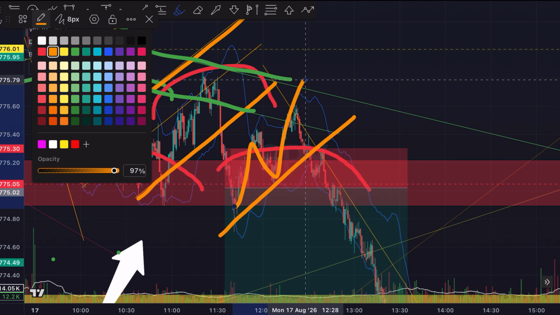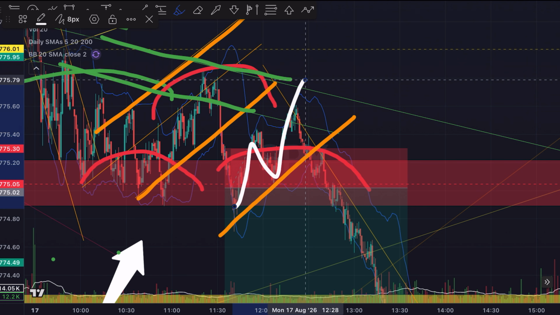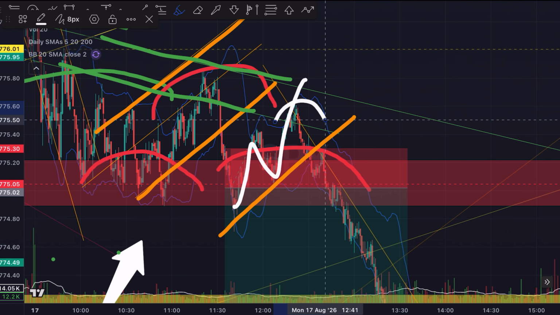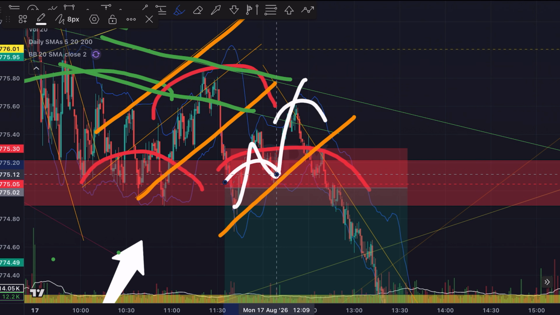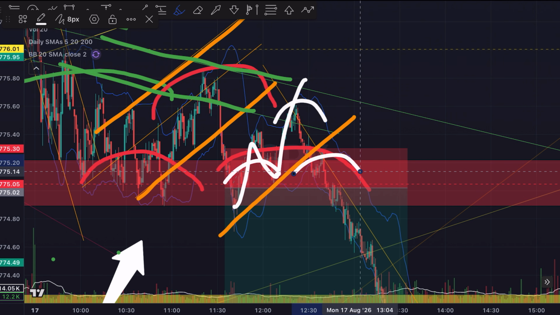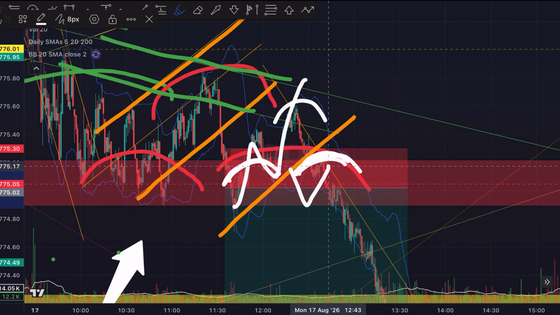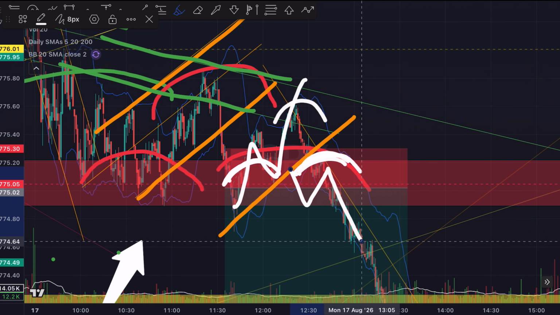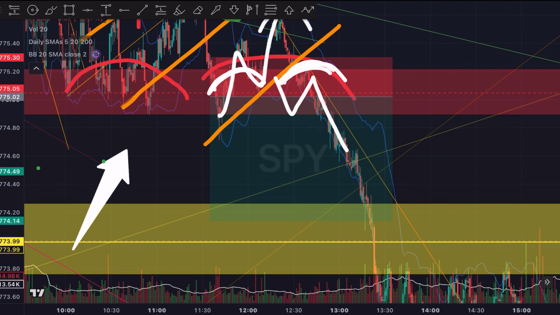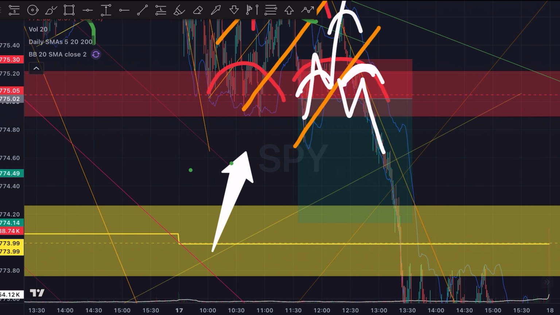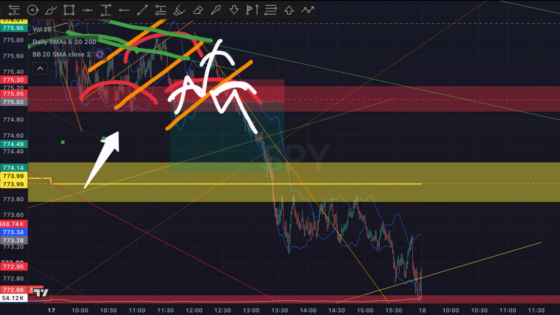But once we identified we can get ahead right here, we got this left shoulder liquidity that built over there, and this was the right shoulder grab. This was the trade right here. And then once that structure played out, 775 was broken, we activated our orange selling channel to the downside, right?